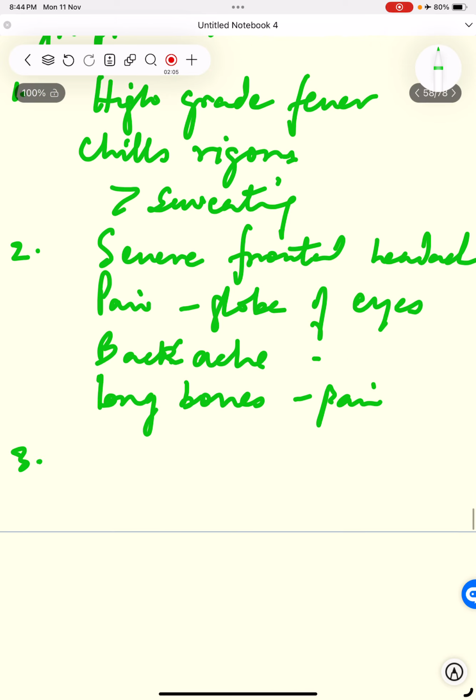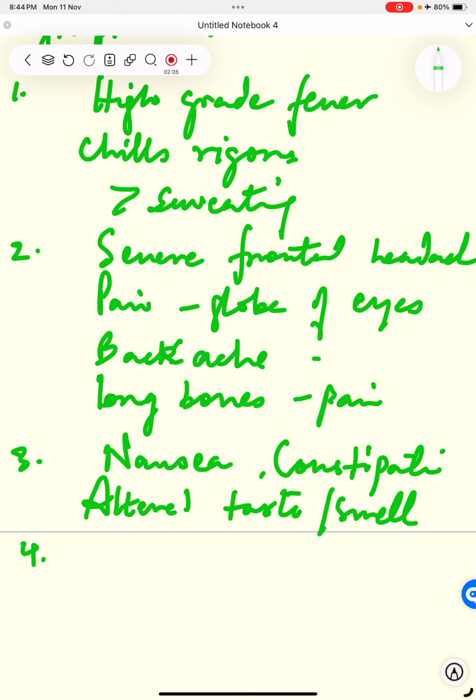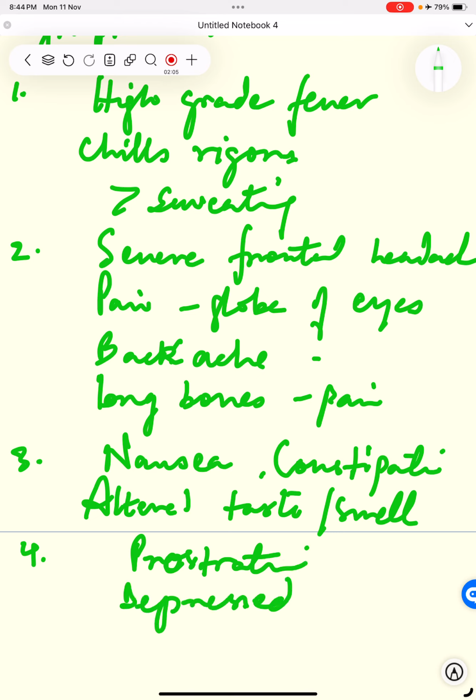Again, the patient can also have associated symptoms like nausea, constipation, altered taste or smell. The patient will be lethargic or will have prostration, may even feel depressed.